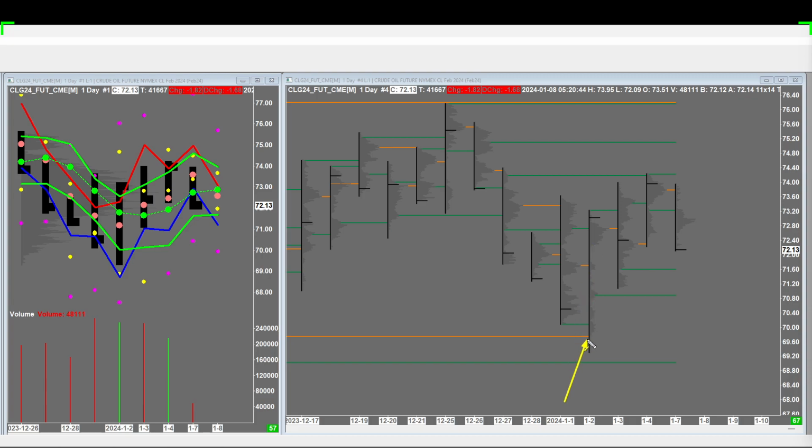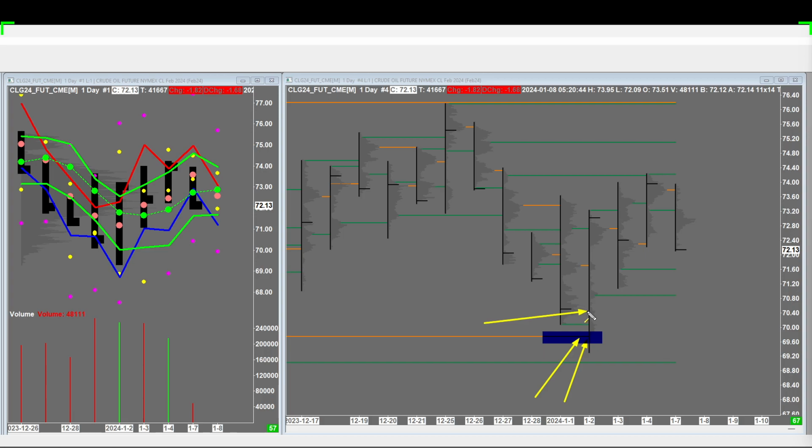So these are really powerful levels when you plug them into your edge and you know how to use them correctly. So in this case, this level was fantastic for just kind of honing in on exactly where you might want to put your buy order. If you're thinking about going long on this day, you don't necessarily want to buy on open here at $70.40.